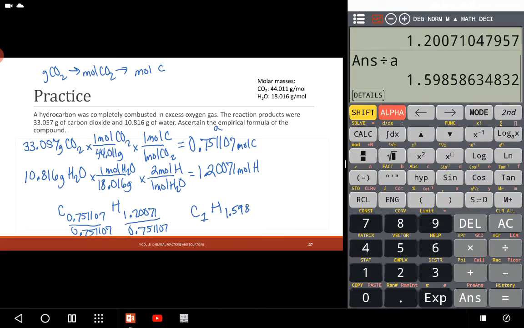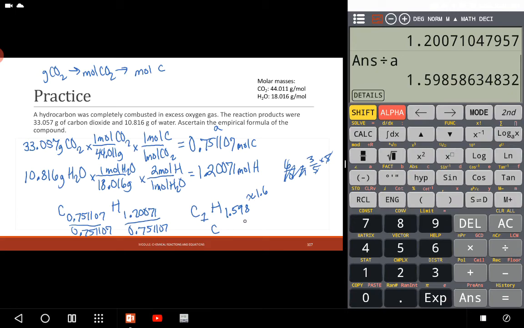And so this value is really close to about 1.6. 1.6 is 6/10, which is equal to 3/5. So this is 3/5. If I want this to be a whole number, I have to multiply by 5 in order to make this cancel out and be 3.